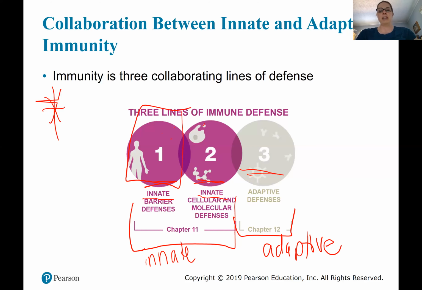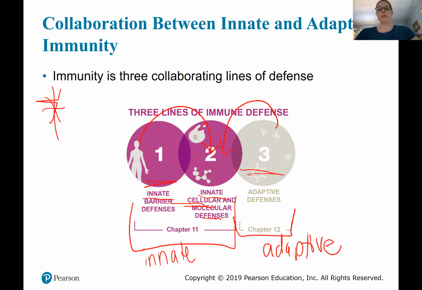And then the second line of defense, and we'll get into these more specifically, is some cells, like white blood cells, and also other defenses, like inflammation and fever, that once a pathogen has breached the first line of defense, the second and third line come in and start to protect as well.